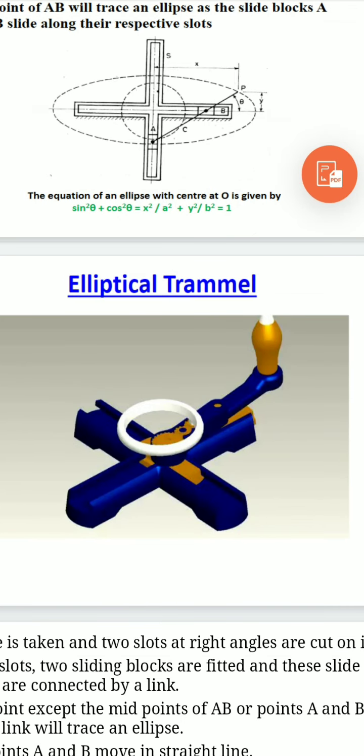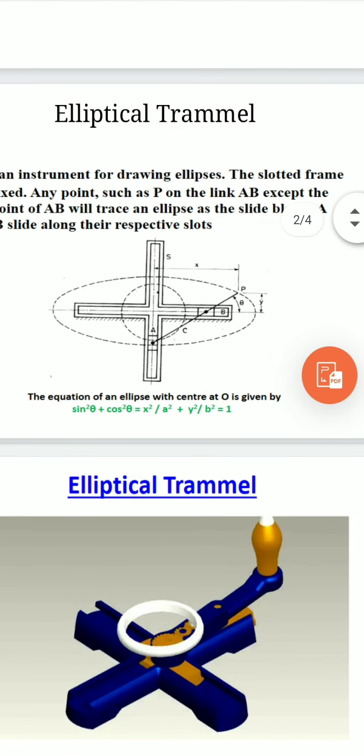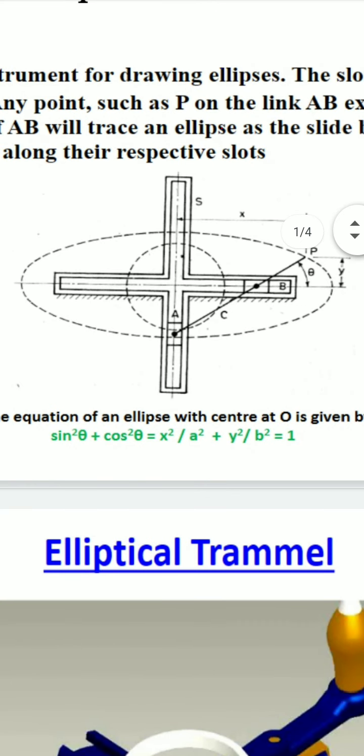If you observe here, a plate is taken and two slots at right angles to each other are cut on it. You can clearly see the plate and the slots cut at right angles. In these slots, two sliding blocks are fitted, and these slide blocks are connected by a link, A, B, as you can see here.